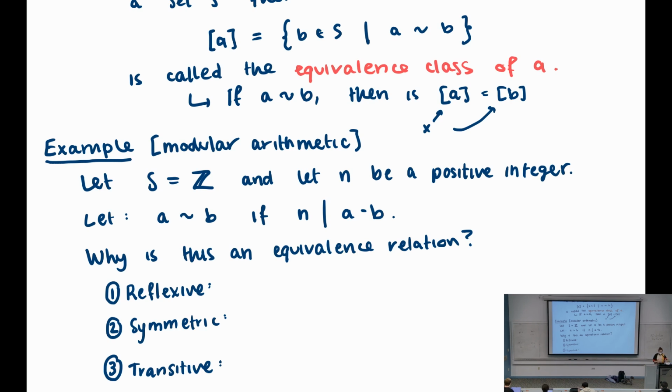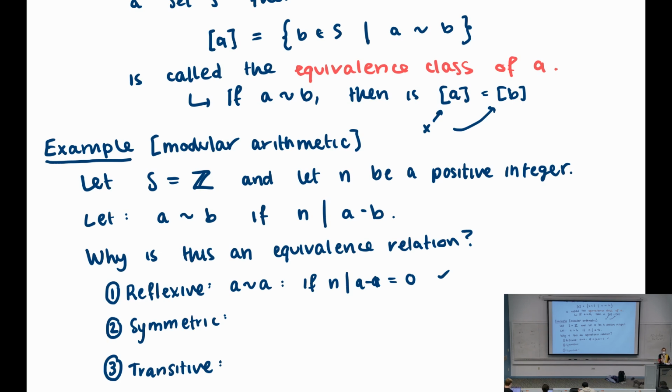Okay, so let's discuss this example. So why is this equivalence relation reflexive? A is related to A if n divides A minus A, which is equal to 0. So this is true.